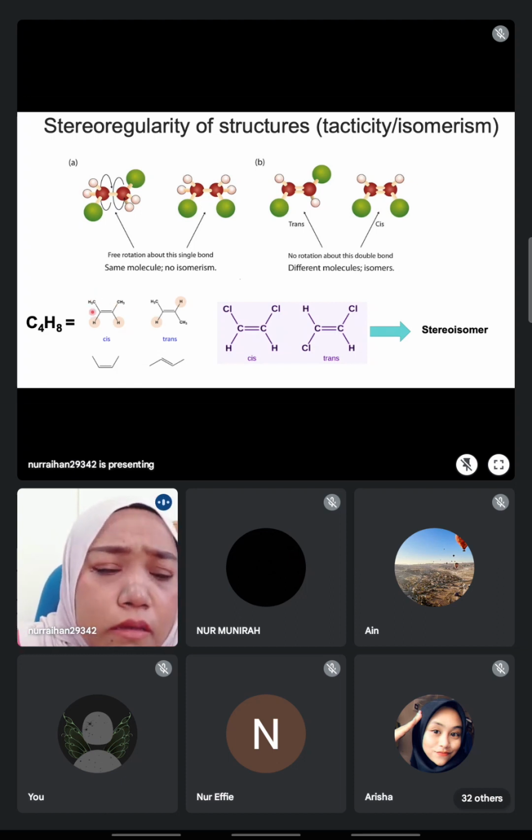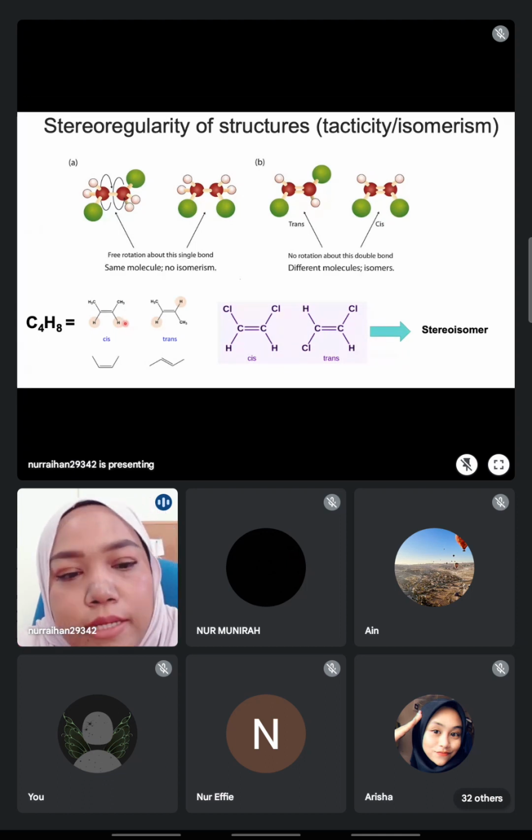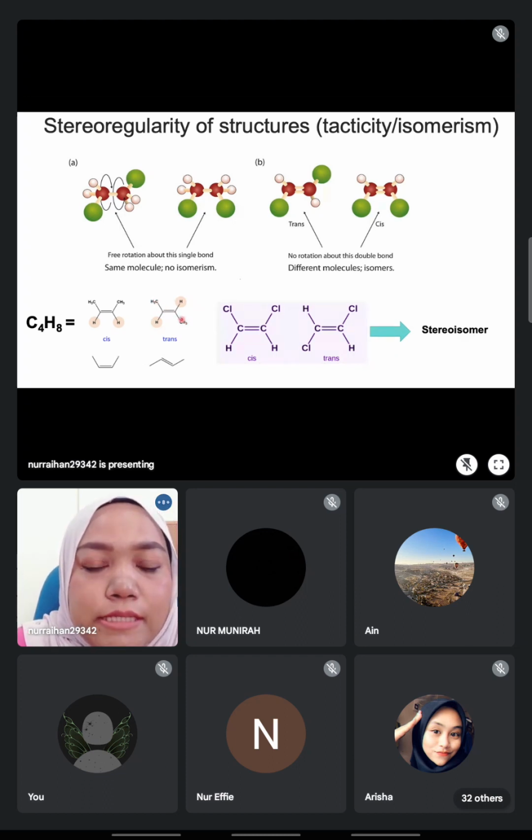So in this kind of polymer, the different arrangement of the CH3 and the H will determine whether they are cis or trans. As you can see here, in cis they are on the same side, and in trans they are on different sides. Same goes to this one, for example, where the functional group is Cl. So there we have a different side.